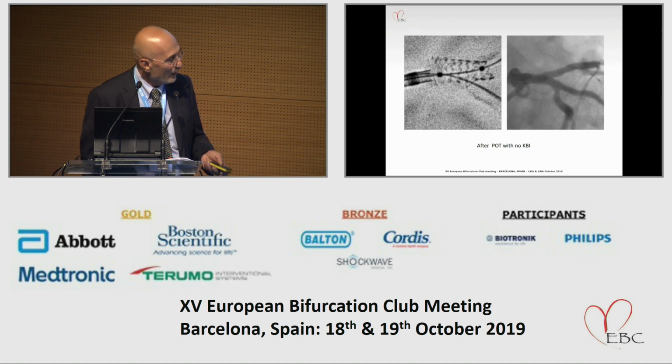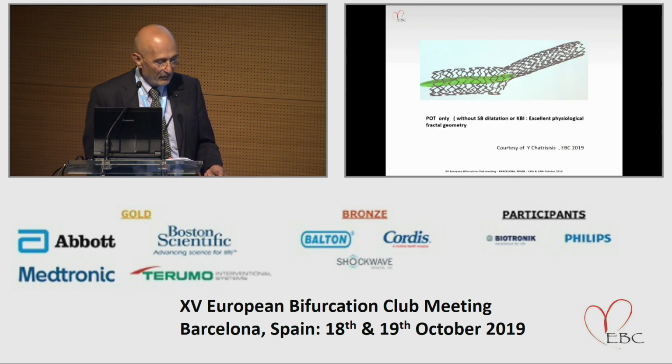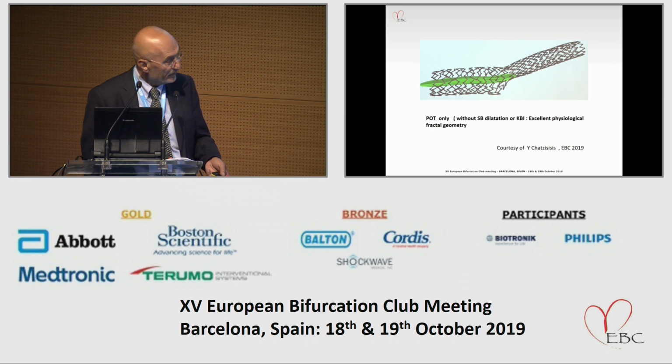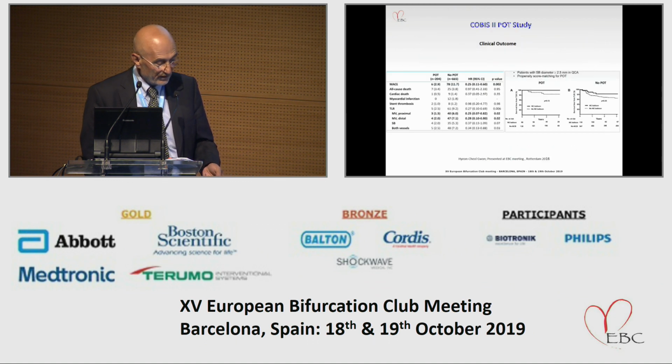I think you do not need any further intervention; your intervention can finish here. And yesterday we saw in bench testing that with this dedicated stent, when you do only POT, without any dilatation of the side branch, an excellent physiological fractal geometry is obtained as well, and you do not need to remove struts.